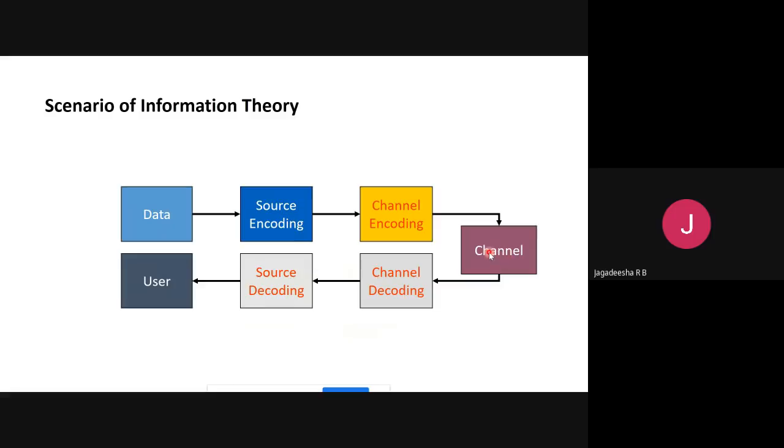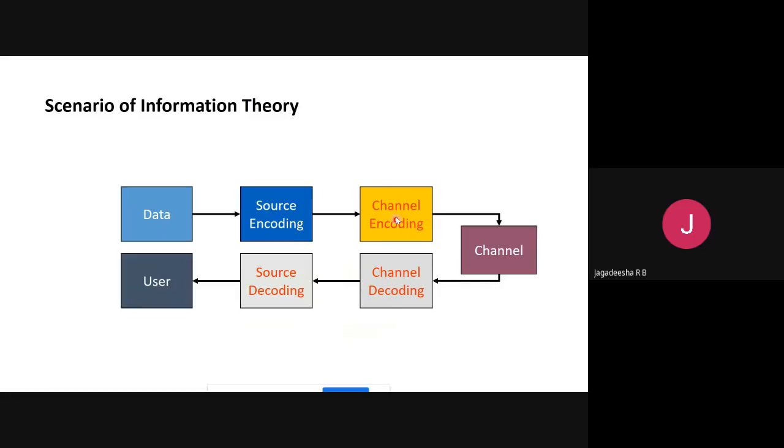The channel, of course, will introduce some noise or degradations or some issues on the data, and then the channel will transmit the data. And here, this is the receiver side. At the receiver side, the first block is channel decoding.